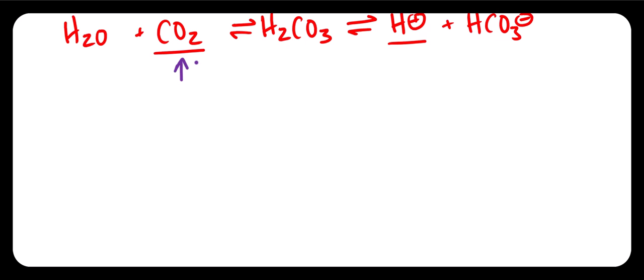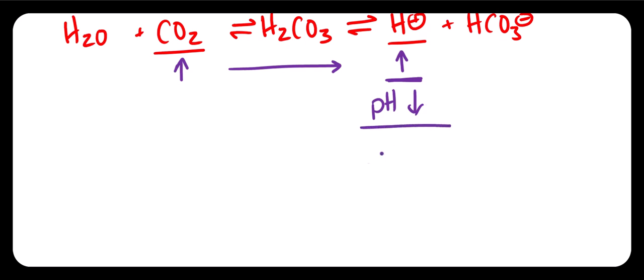Because I'm increasing my carbon dioxide concentration, that's going to make me shift my equilibrium towards hydrogen ions and increase my hydrogen ion concentration. If I increase my hydrogen ion concentration, I'm going to decrease my pH. So if I decrease my pH, I'm going to become acidic.